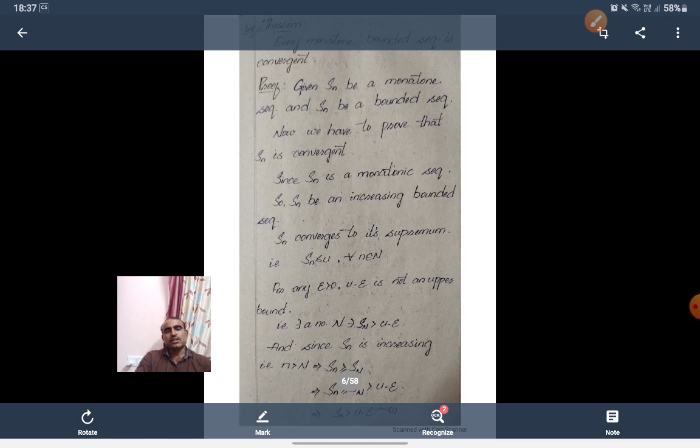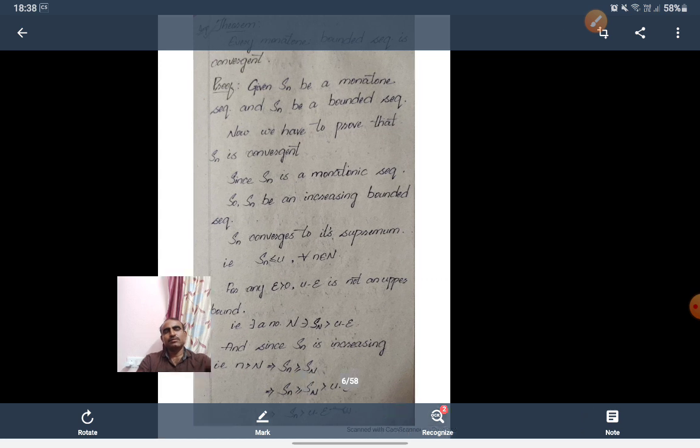Since u minus epsilon is not an upper bound, there is at least one value such that S capital N is greater than u minus epsilon. And since Sn is increasing, for all n greater than N, Sn is greater than or equal to S capital N. That implies Sn is greater than or equal to S capital N, which is greater than u minus epsilon.